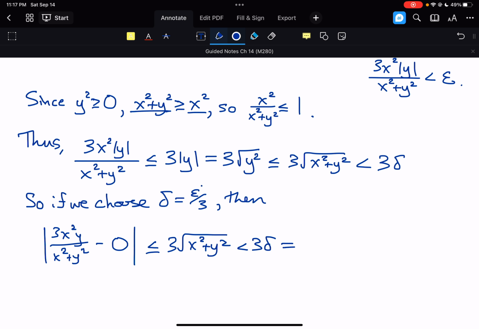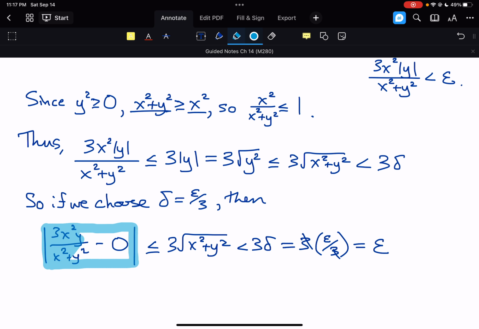Delta, we decided, is epsilon over 3. So we get to cancel those two, and we get epsilon. So what we just showed is that this distance between the function and the limit is less than epsilon, which is exactly what we needed to prove.